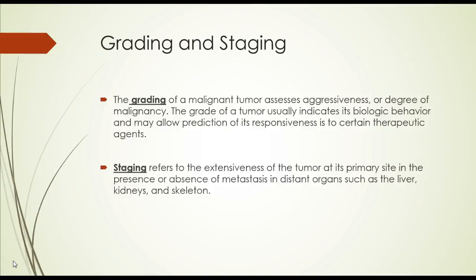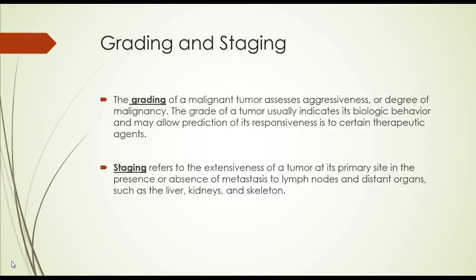By understanding what grade of tumor they're dealing with, that may help them decide which therapeutic agents will be most helpful for that patient. The second thing is staging, which is determining how much spread there has been with that tumor. When you understand how much spread there has been, you're better able to determine which therapy is going to be best used for that patient.